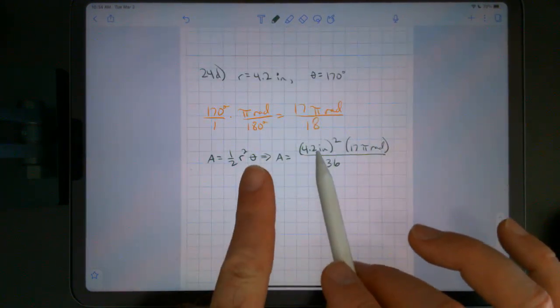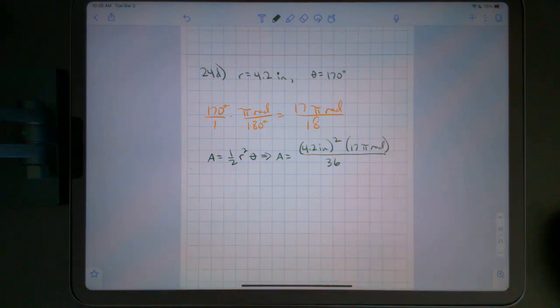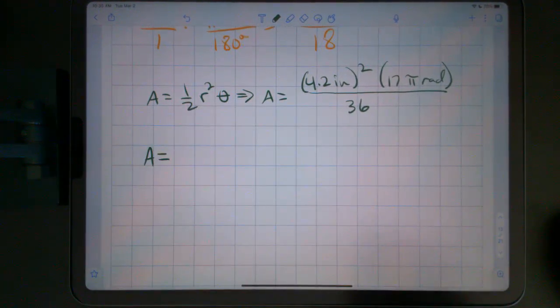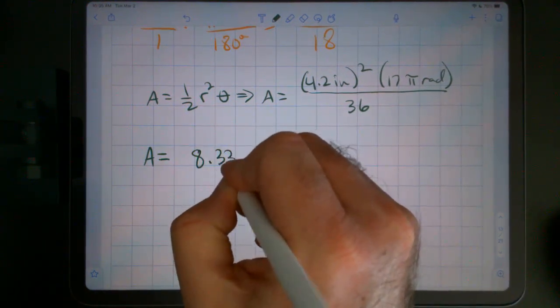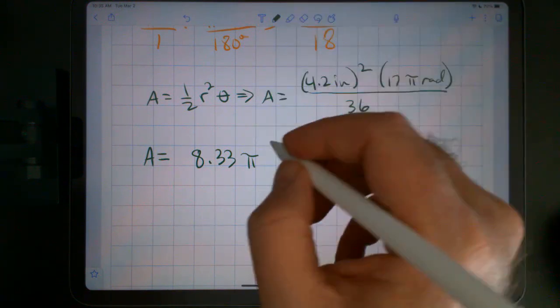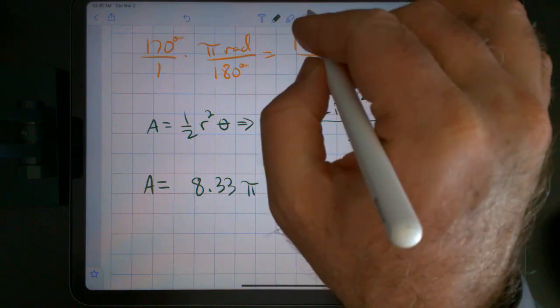So we have our radius squared times our radians, and then divided by 2. That radian is just redundant.